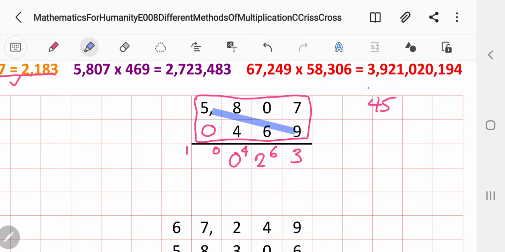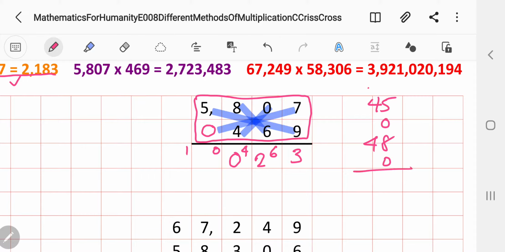And then we have 0 times 7, this would be 0. And then 8 times 6 would be 48. And then we have 0 times 4 would be 0.